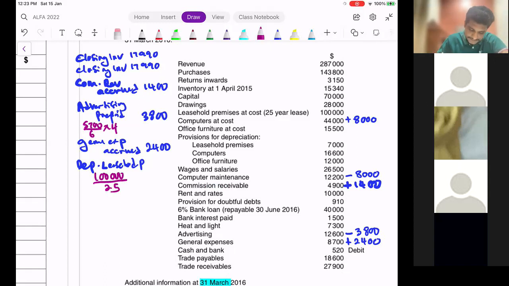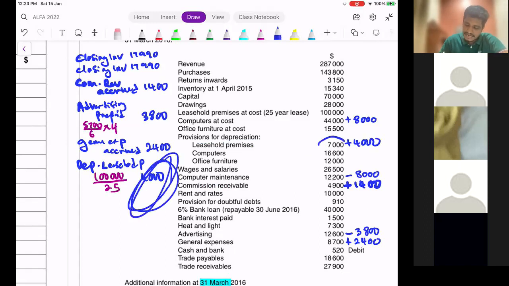I get 4,000. That's the depreciation. And then go to the provision for depreciation, plus the 4,000. This is the current year depreciation. This is the last year depreciation plus the current year depreciation. You remember I explained just now?